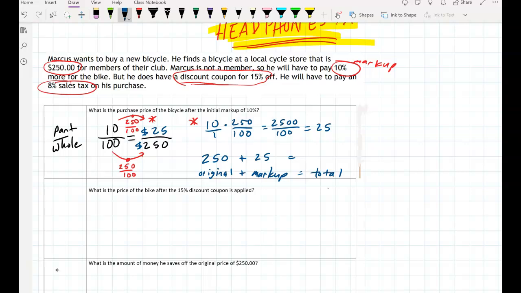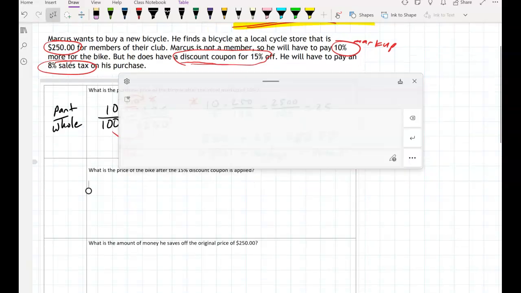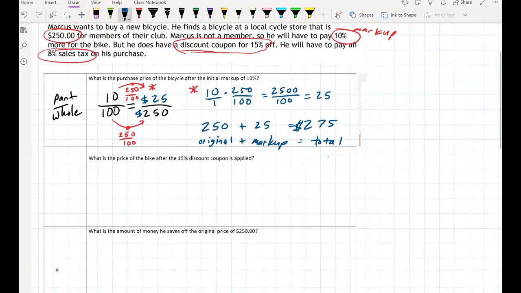So 250 plus 25 is $275. All right, so take the original price plus the markup that we found, and we add that together, and that's the price he's going to pay. Okay, so that's what he's paying so far, $275.